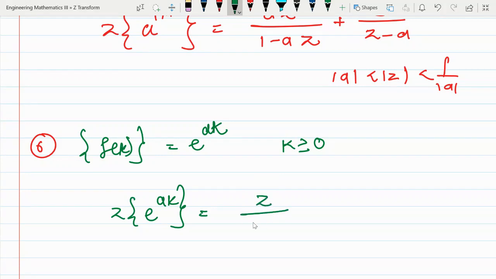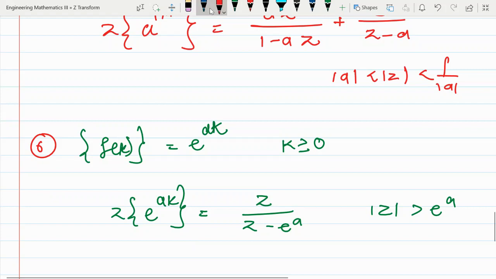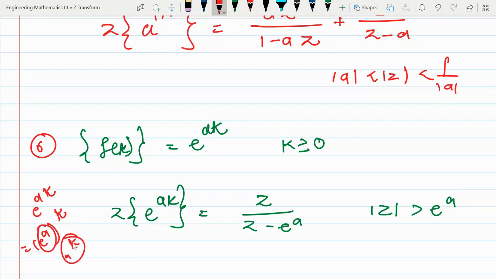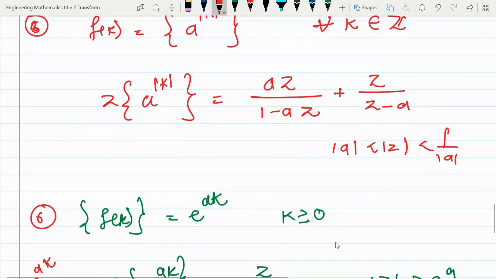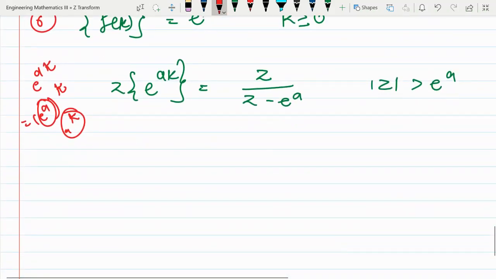It is z upon simply z minus e raised to a, where mod z is greater than e raised to a. Instead of a, there is e raised to a, because I write e raised to ak as e raised to a, raised to k, and this e raised to a is nothing but a raised to k, like this. I just apply the above result here, replacing a by e raised to a. So that is simple, no doubt in that.